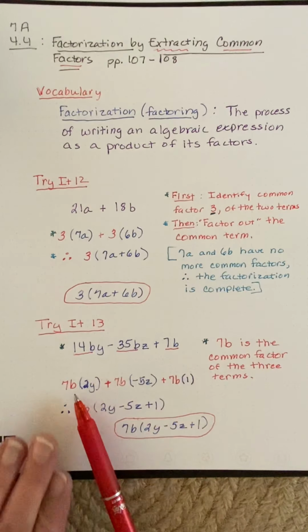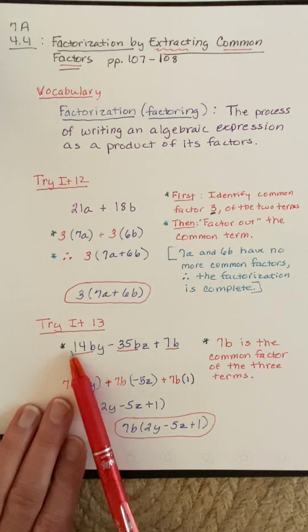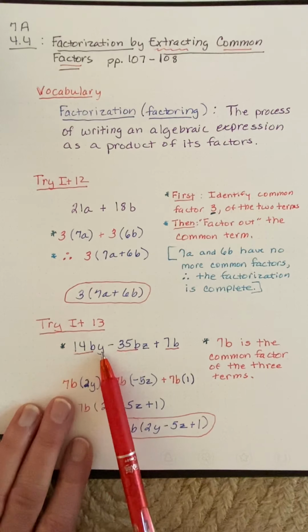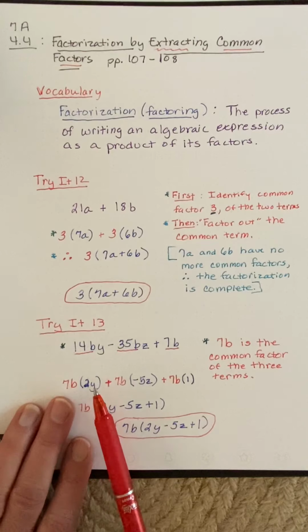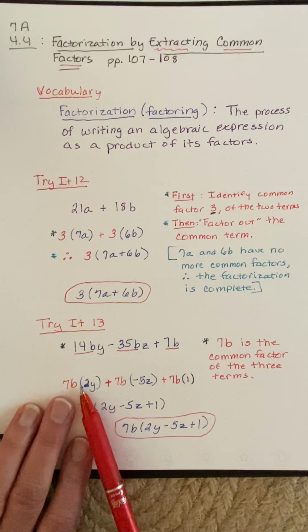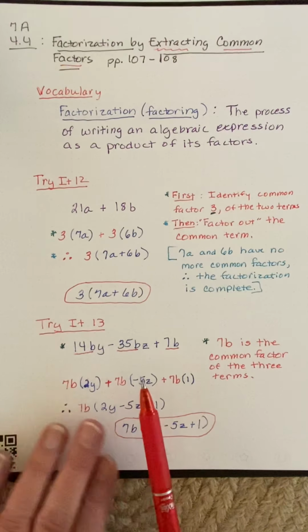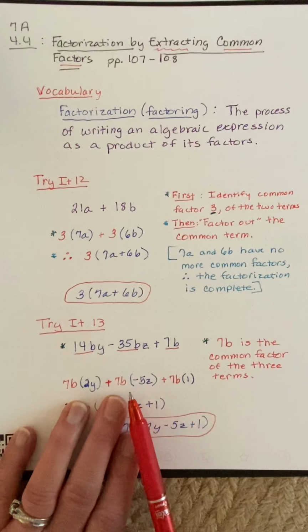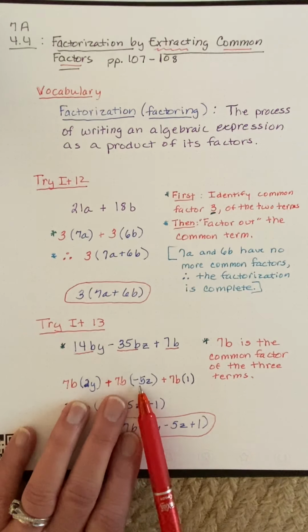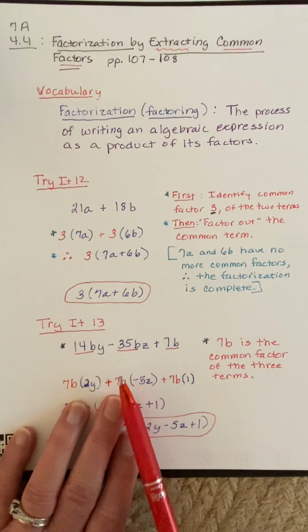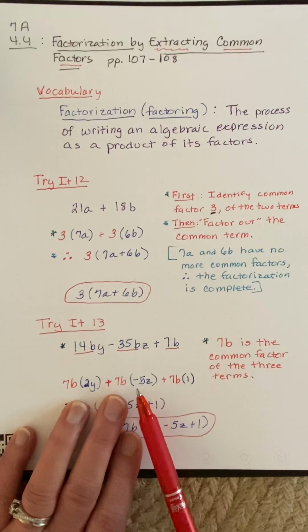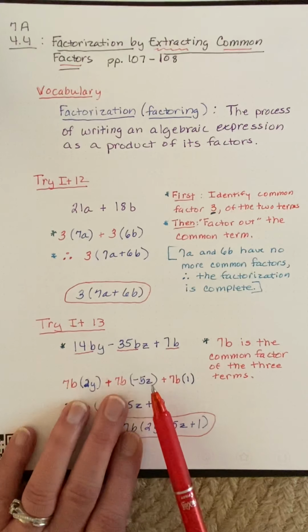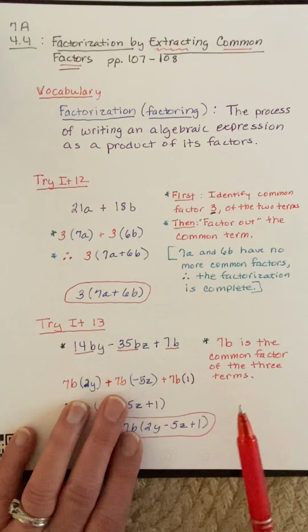So here I go. 7b, if I take that out of a positive 14by, I am left with 2y. So 7b times 2y. If I take 7b out of a negative 35bz, I'm left with a negative 5z. Remember, positives and negatives, how they work. Negative 35 divided by 7 is a negative 5. Of course, the b's come out, and I'm left with z.